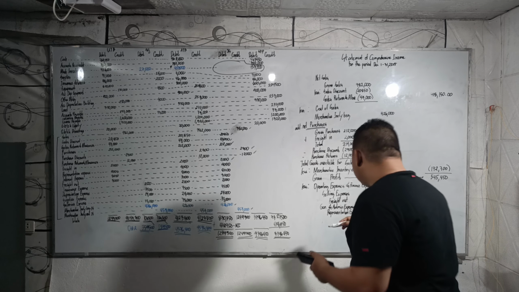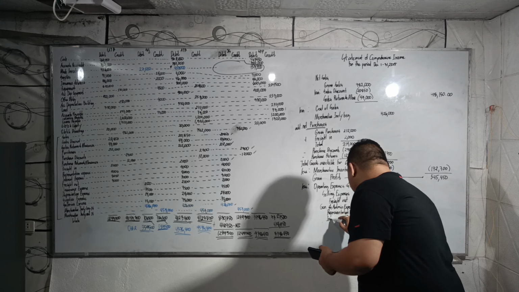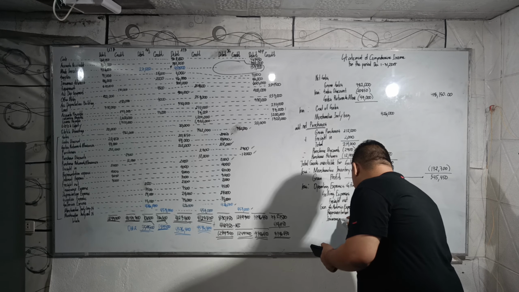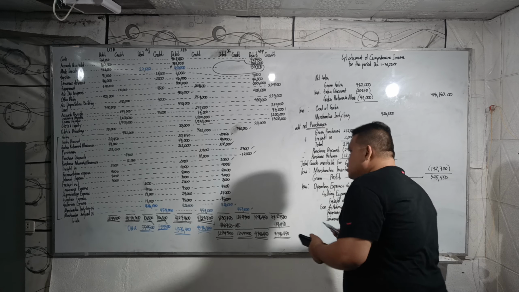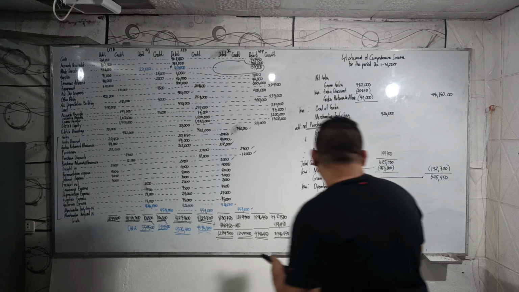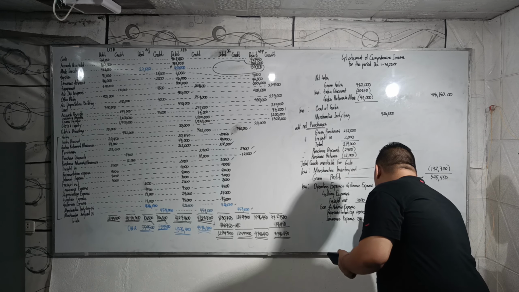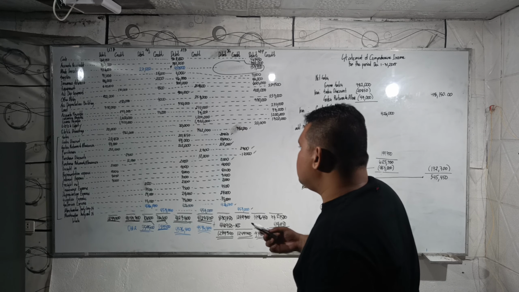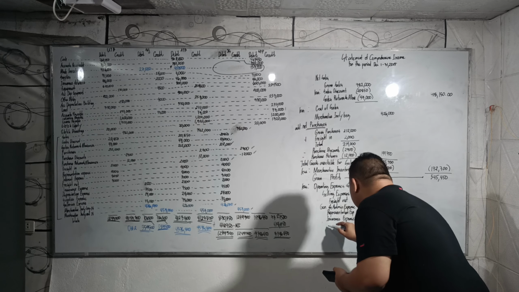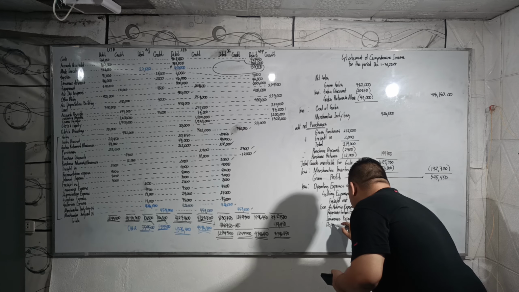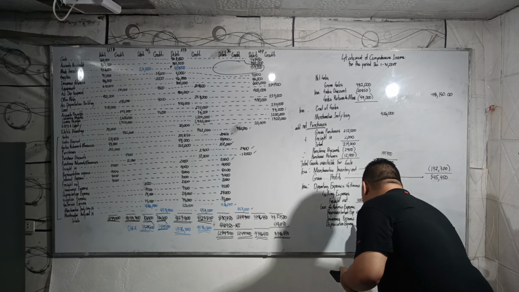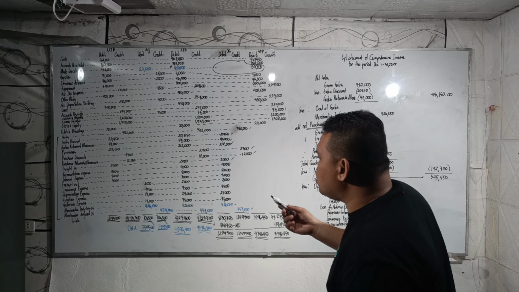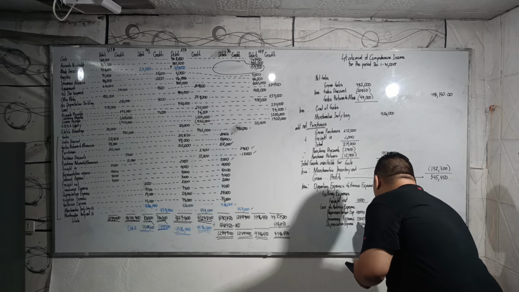We have insurance expense. The insurance expense is 2,000. And then the depreciation expense. Oh no, the space is, I thought it is not as long as this. 7.5.